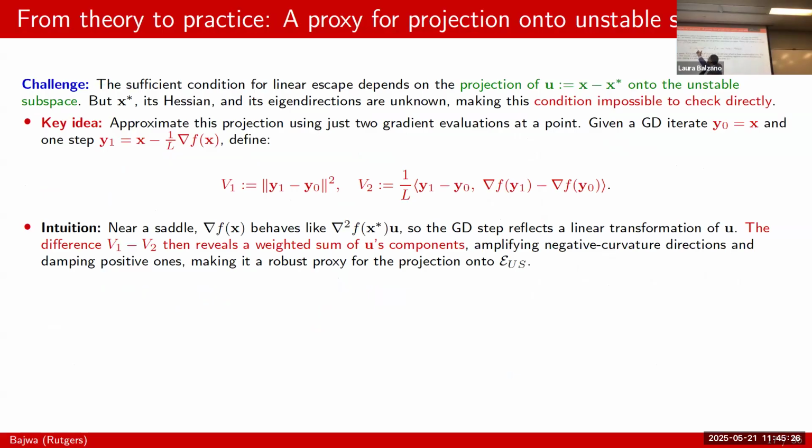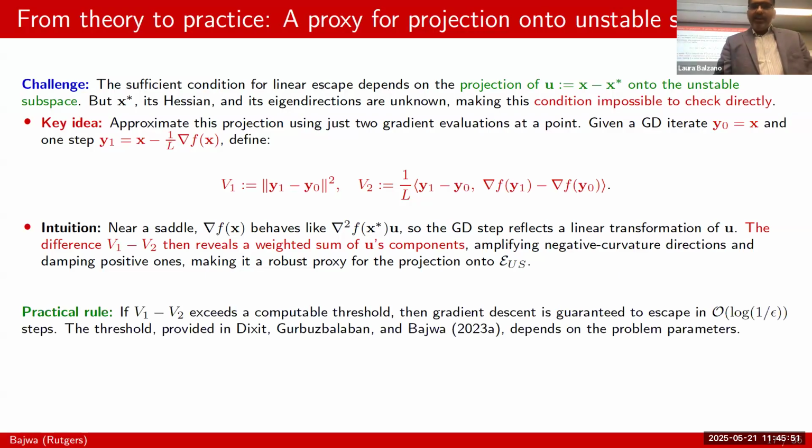This is the difference of the two iterations, and this is you are projecting them onto their gradients. So this is kind of giving you an approximation in terms of the Hessian at the strict saddle. You subtract the two quantities. If this difference is large enough, you are guaranteed that you are not too much aligned with the stable subspace.